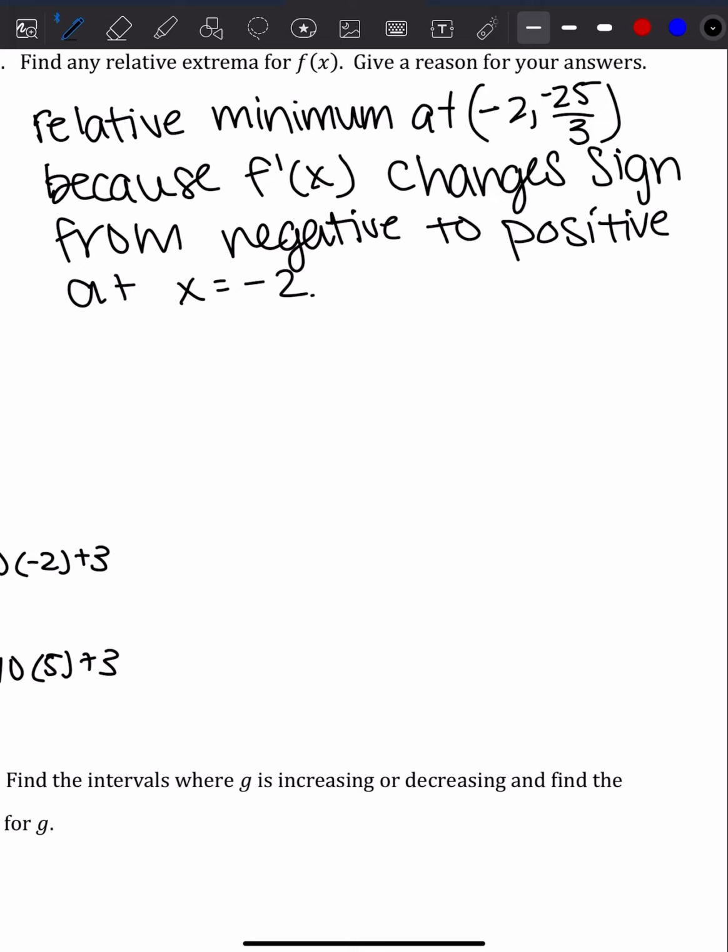We're going to do the same thing, but instead of relative minimum, we're going to talk about it being a relative max, and we're going to flip-flop our negative and positive.